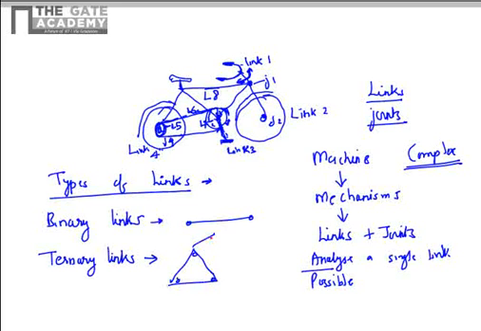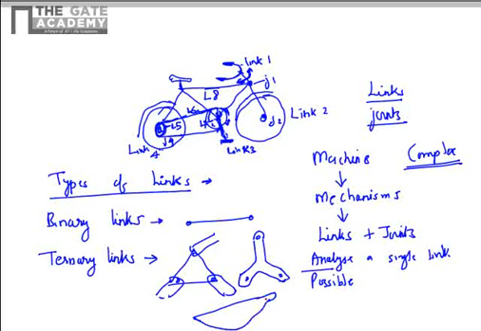So here you can have one link connection, here you can have one link connection, here you can have one link connection. So this is a ternary link. The shape may vary. This is just for our definition purpose. It can be any complicated shape like this. So this is also connected to three other links.